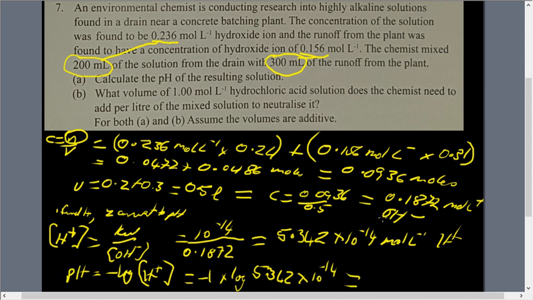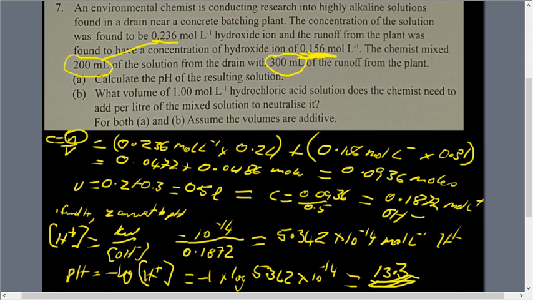When you crack that through your calculator, you should get a value of 13.27, which, since we're dealing with 3 significant figures here, let's make it 13.3. Underline it, make it beautiful so that I can see it when I go marking, and that is absolutely all you need to do. That is part A done. Bit of a song and dance.